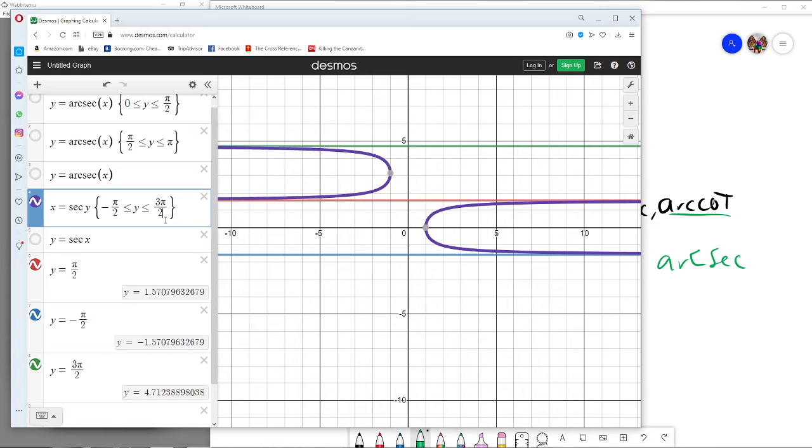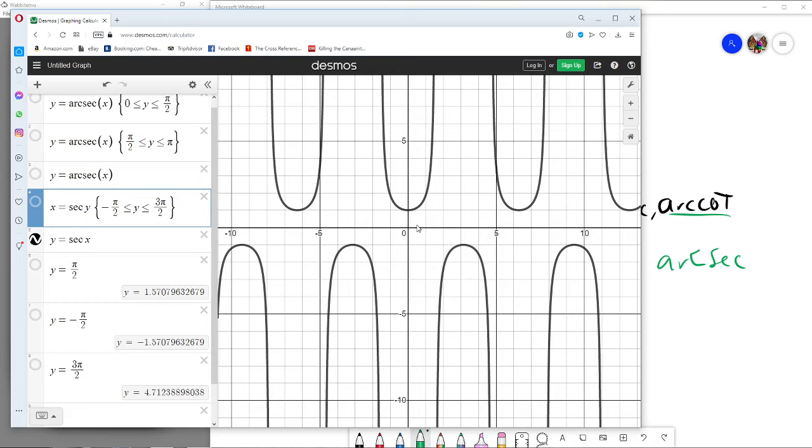Before, when we had just secant, x from 0 to 2 pi gave us one whole period of the graph.